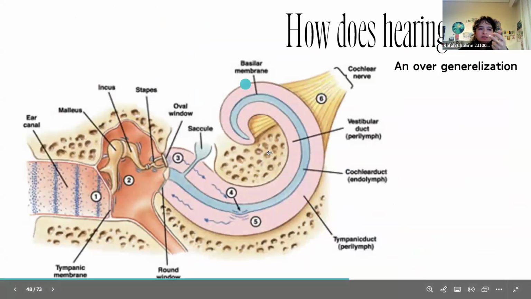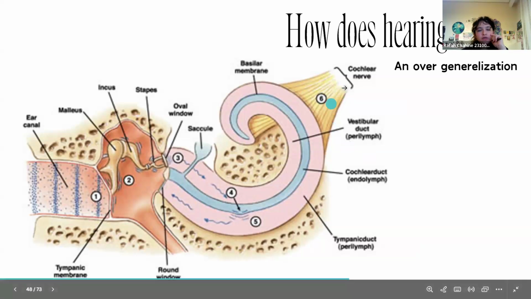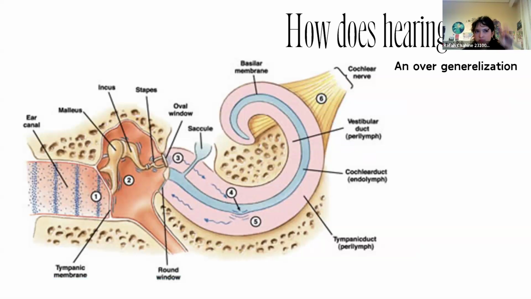The hair cells are innervated by neurons that synapse and form a spiral ganglion, and all the spiral ganglions come together to form the cochlear nerve, which will transmit its signals through the vestibulocochlear nerve, etc.